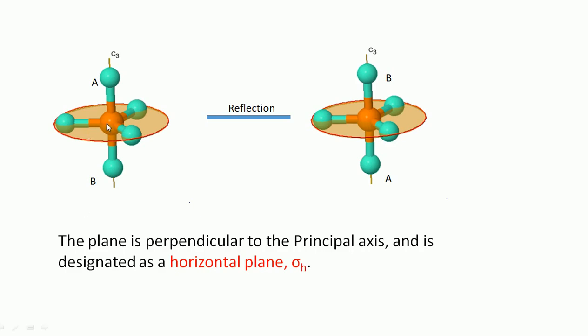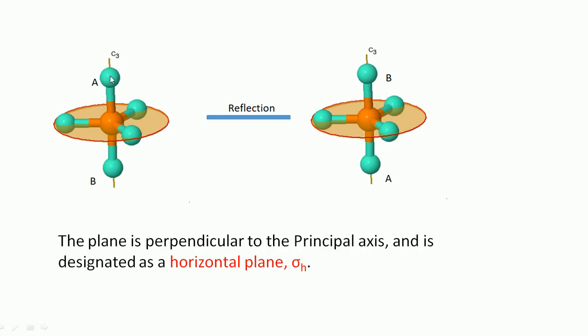Here phosphorus is at the center, Cl, and this is another chlorine atom, this is another chlorine atom. So when you take the plane which contains the phosphorus atom and three equatorial chlorine atoms, and when you perform a reflection operation through this plane, axial chlorine atoms will swap their position.